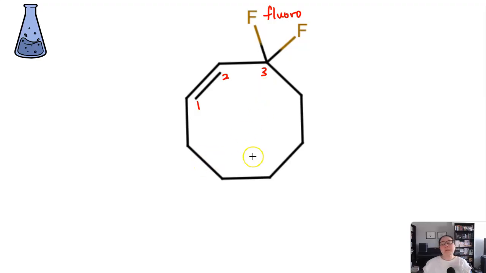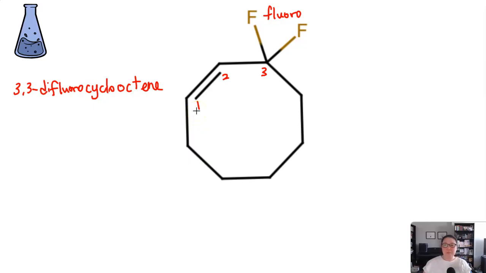So let's put this name together. Start with our side chain, so our 3,3-difluoro, it is cyclo, and then we have an octagon, so it's oct-ene. Now this is going to feel really weird, but remember that this is cyclic. This is all we have in terms of our functional groups. We only have literally this one.